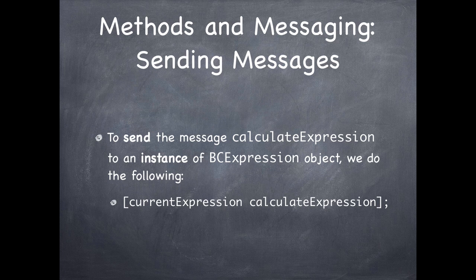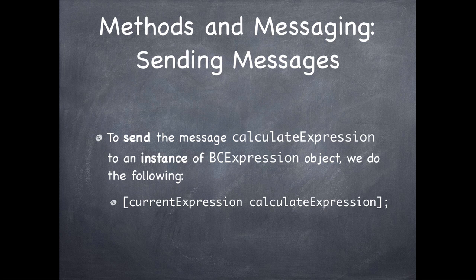However you implement calculate expression, how we did it last lecture, or however you wanted to implement it, it would take those values, perform the calculation, and return the resulting NSInteger value.